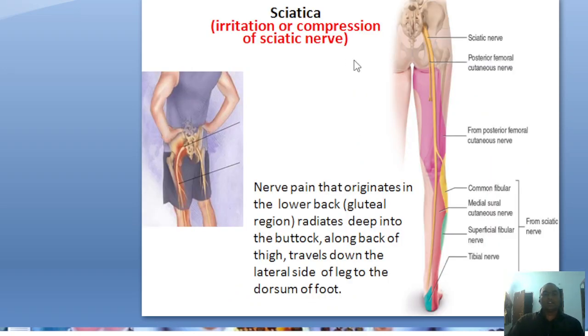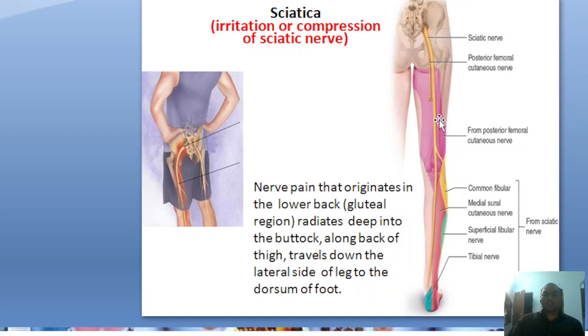Second is sciatica: irritation or compression of the sciatic nerve. When there is long compression of the sciatic nerve, the back muscles are painful. It is nerve pain that originates in the lower back and gluteal region, radiates deep into the buttocks along the back of the thigh, and travels down the lateral side of the leg to the dorsum of the foot.